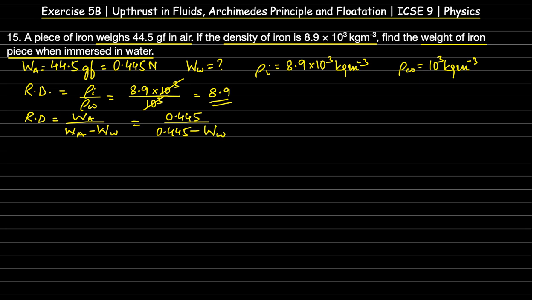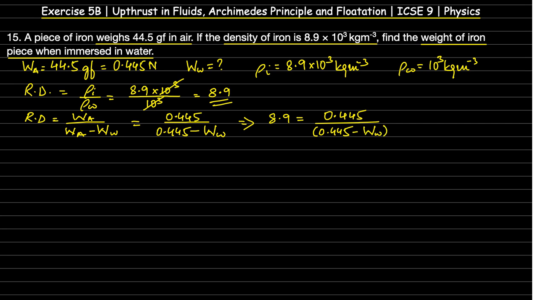Now I would substitute relative density as 8.9. So 8.9 is equal to 0.445 divided by 0.445 minus weight in water.